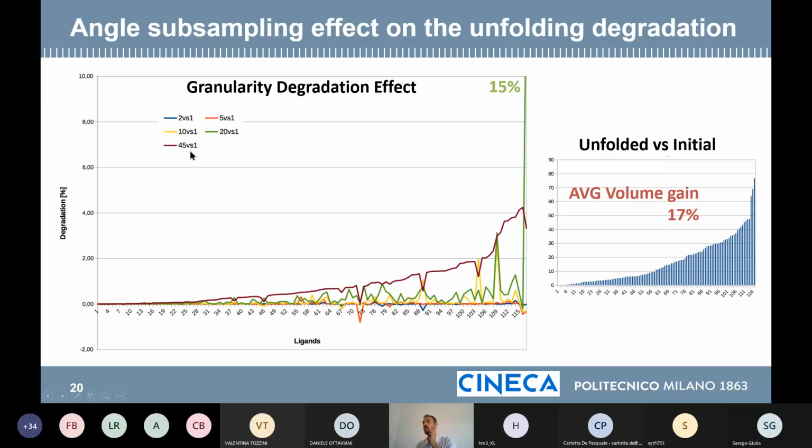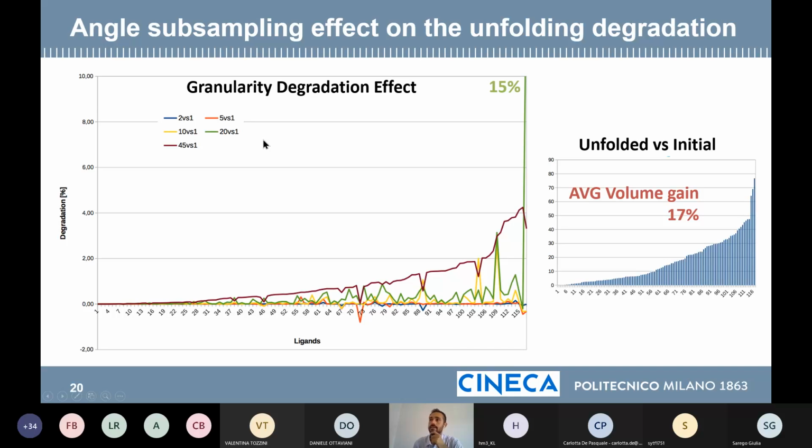So one may think, okay, 45 degrees is a large angle, so maybe you're not properly optimizing. If 45 degrees is so large, you should have done this with a discretization of 1 degree. But actually, something that we know from previous results on our dataset is the following, the one shown here.